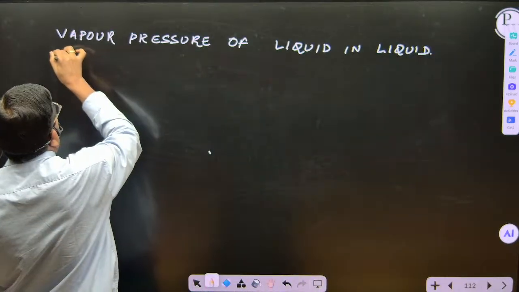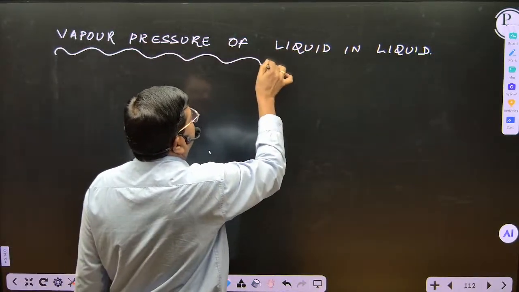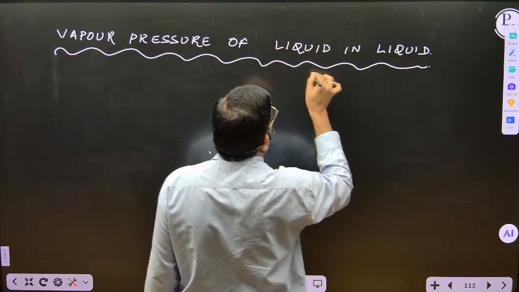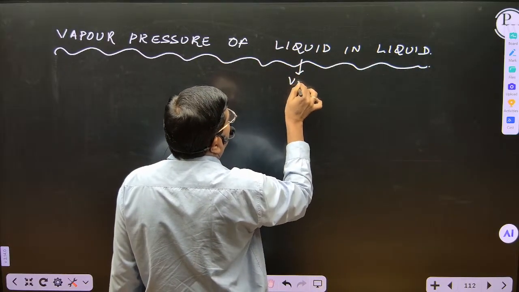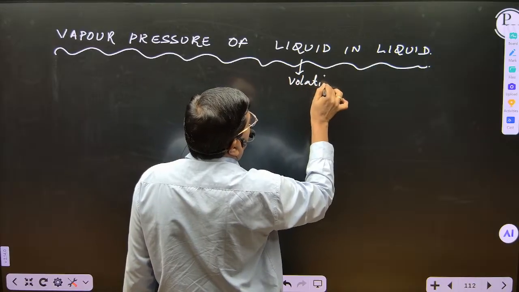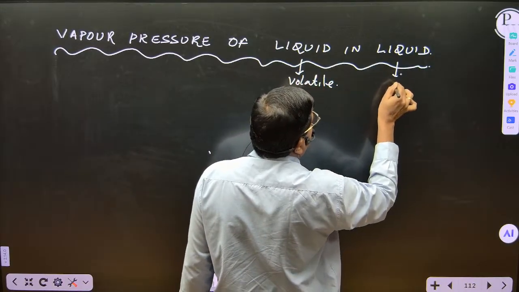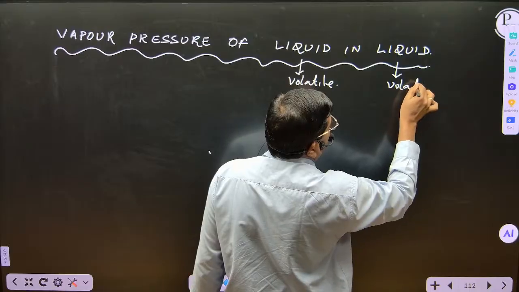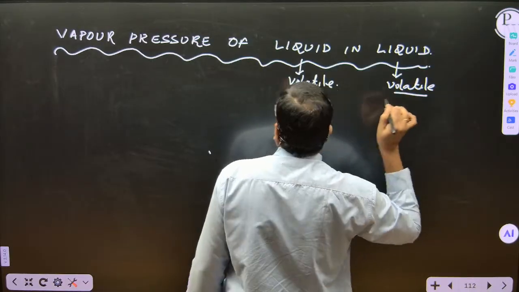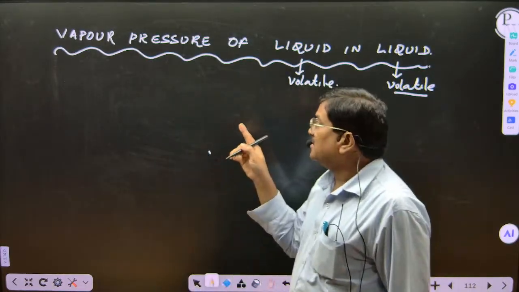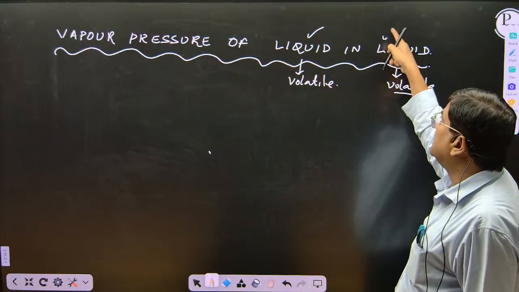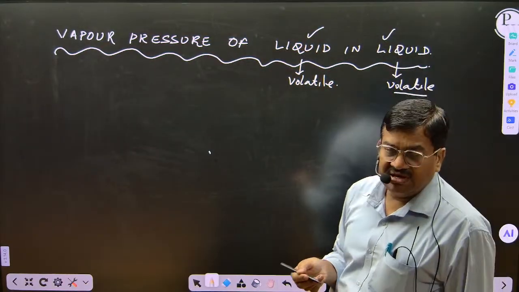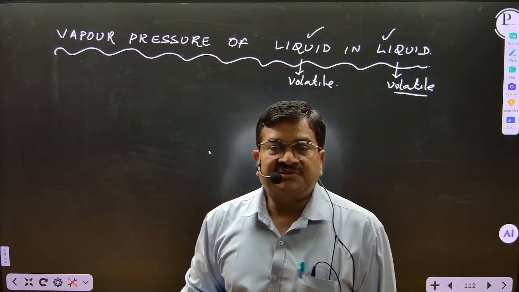See, this is an important concept: vapor pressure of liquid in liquid, where both the liquids are volatile. In JEE Mains they ask questions from this mixing. Another concept we have to study in NCERT is vapor pressure of solid in liquid.